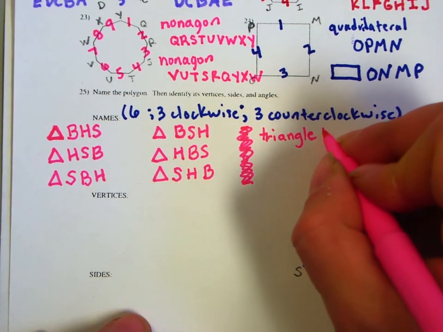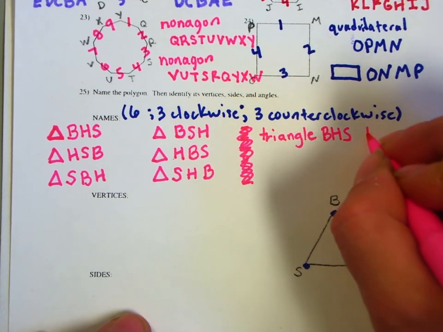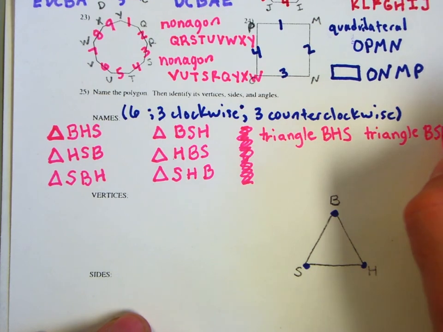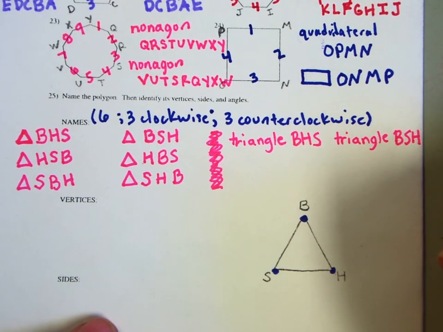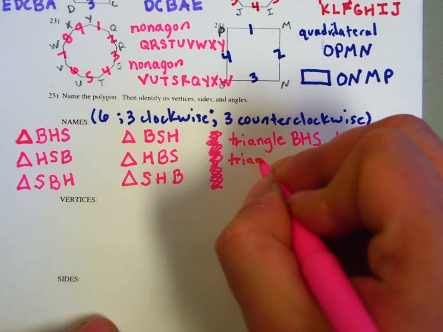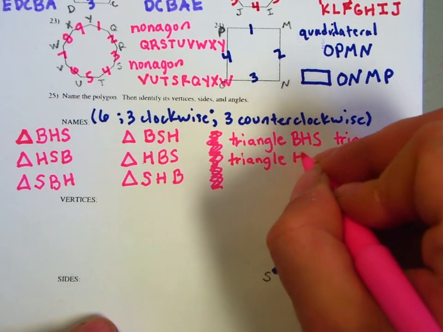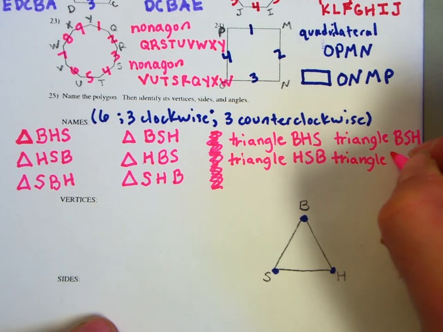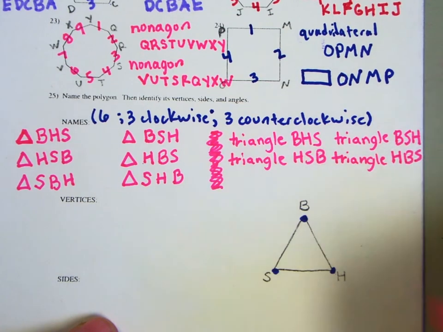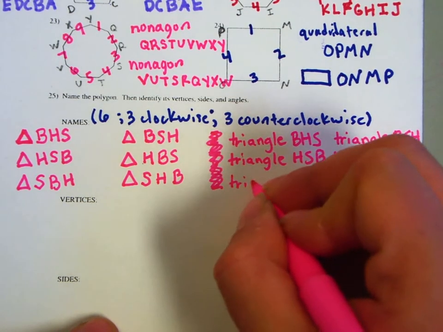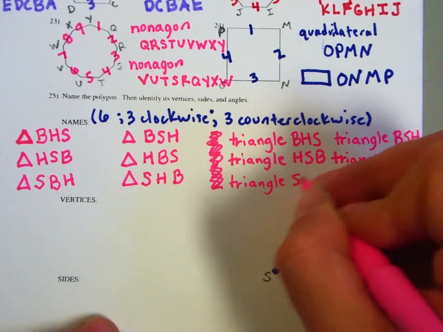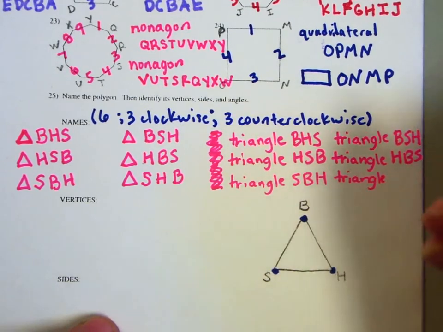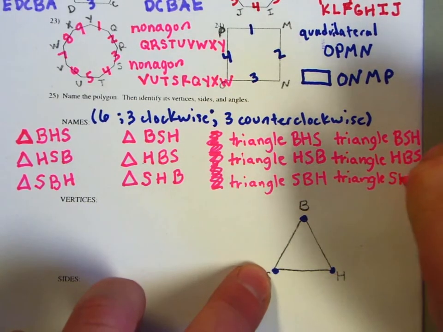So we could say triangle BHS, triangle BSH, triangle HSB, triangle HBS, triangle SBH, triangle SHB.